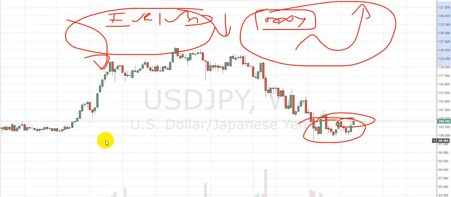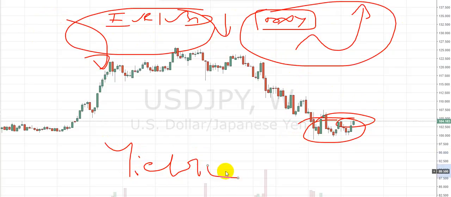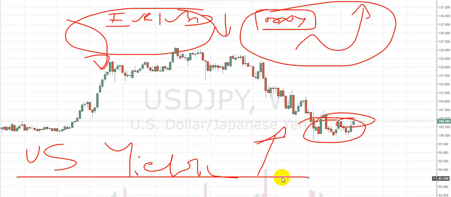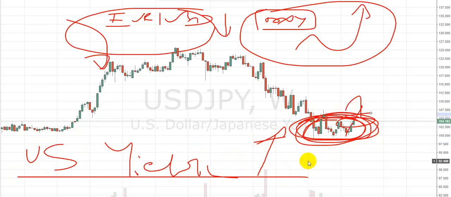But if we are going to see US yields move higher, I do believe that easily bulls should break to the upside.